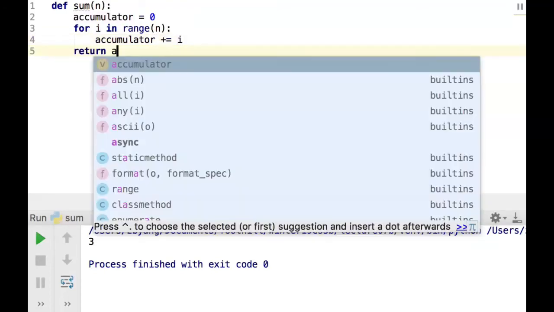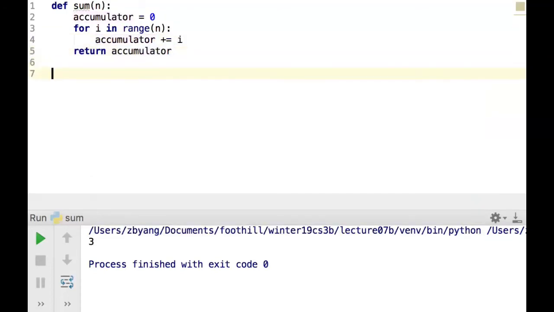And then I'm going to return the accumulator at the end. I'm going to call the function and test it with a very small number. So 1 plus 2 plus 3 should give us 6.